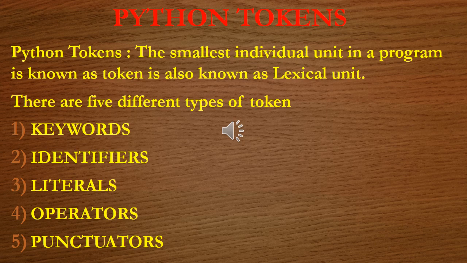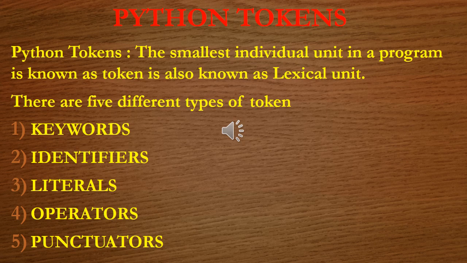Basically, tokens are the basic building blocks of the Python programming language, and like we are using small letters a, b, c, d, 1, 2, 3, 4, 5.6, 9.9. These are all Python tokens, and all of these are considered as instructions in the Python programming language.